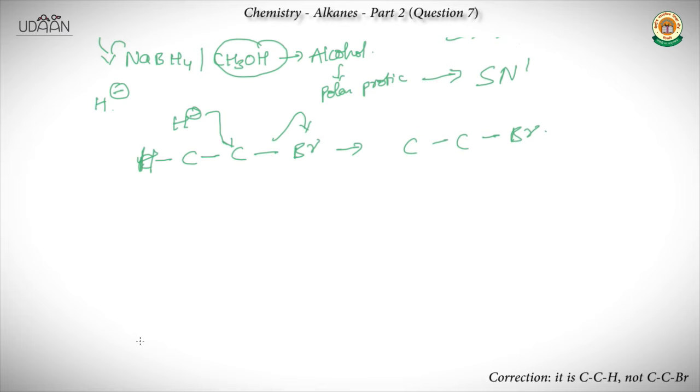If we proceed with this reaction via the SN1 mechanism, first the C-Br bond cleaves away and you will get a carbocation. But a primary carbocation is not stable, so this intermediate is not formed.